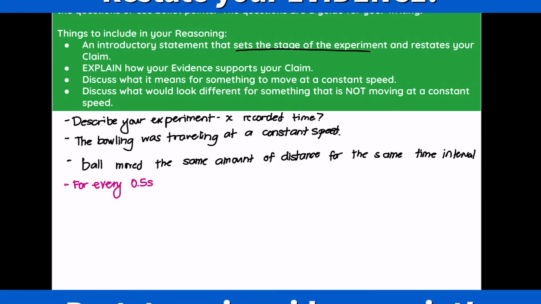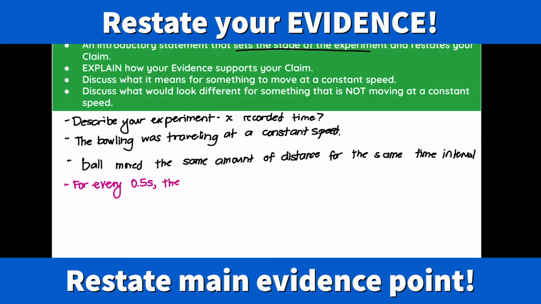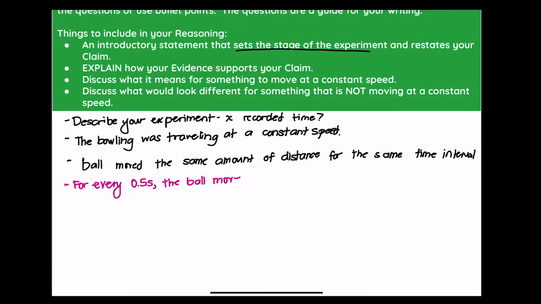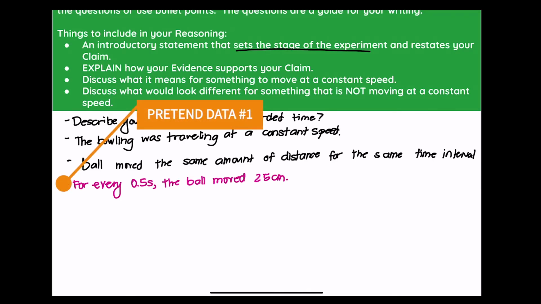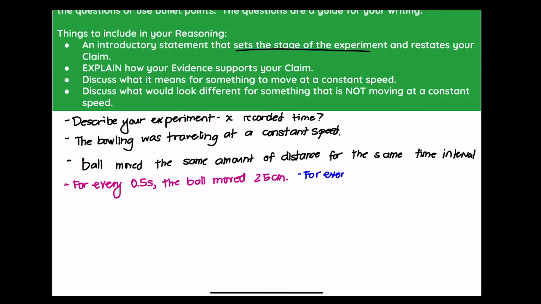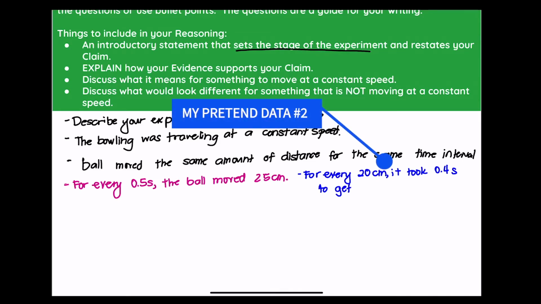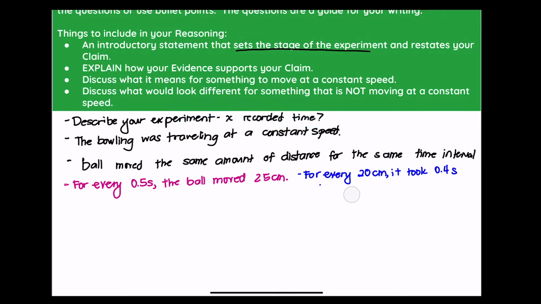For every 0.5 seconds, the ball moved 25 centimeters, or whatever your data is, right? My other pretend data said that for every 20 centimeters, it took 0.4 seconds to travel, or whatever it is, right?